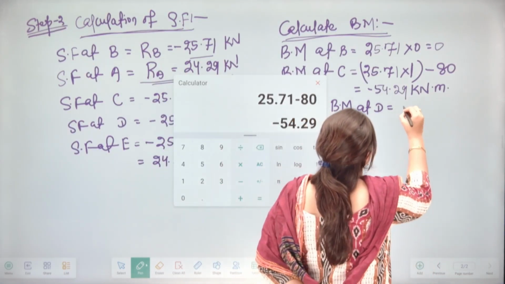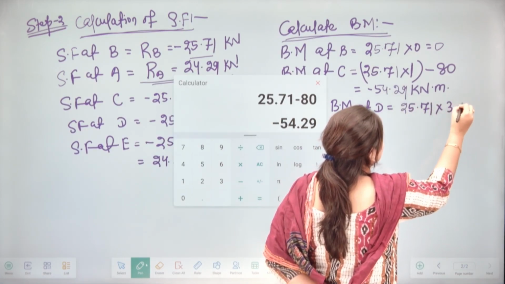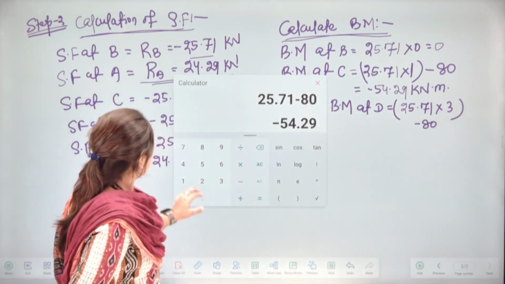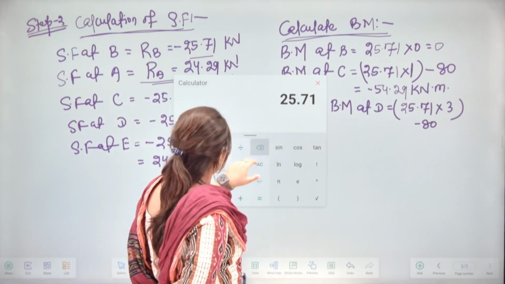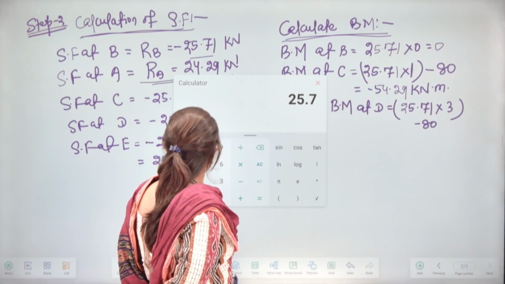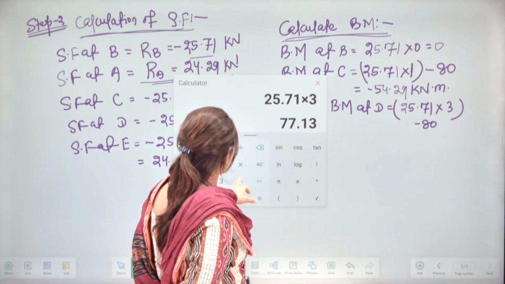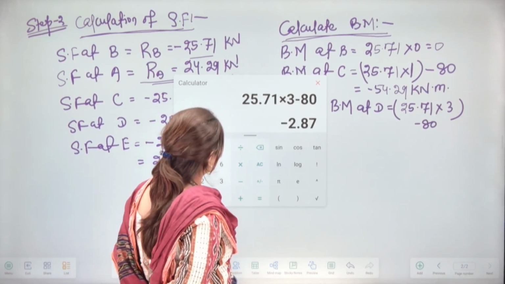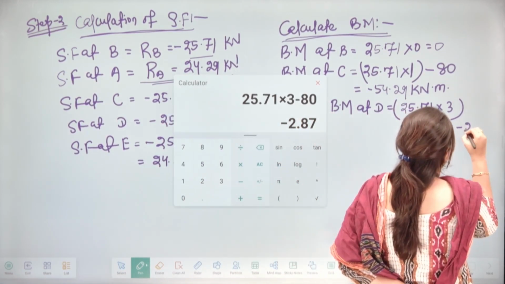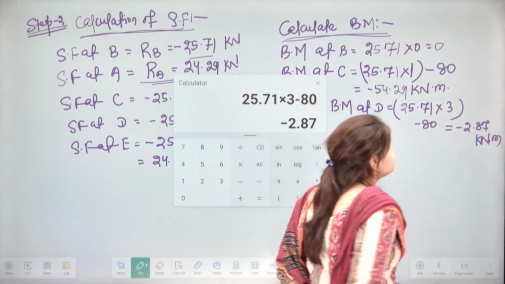So 25.71 into 3 minus 80, here minus 2.87 kilonewton into meter.